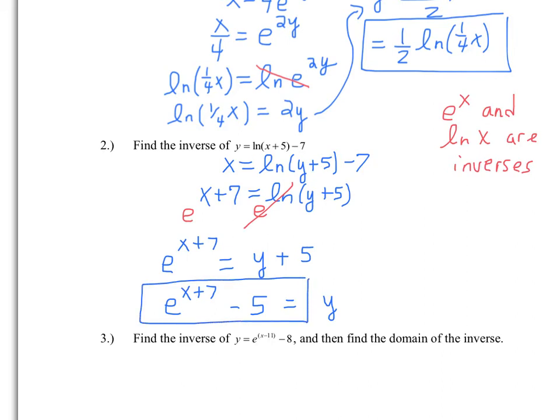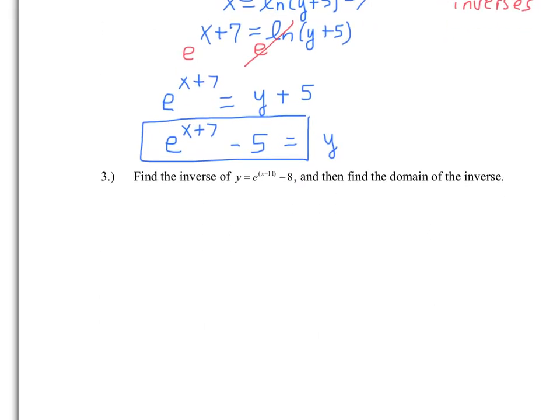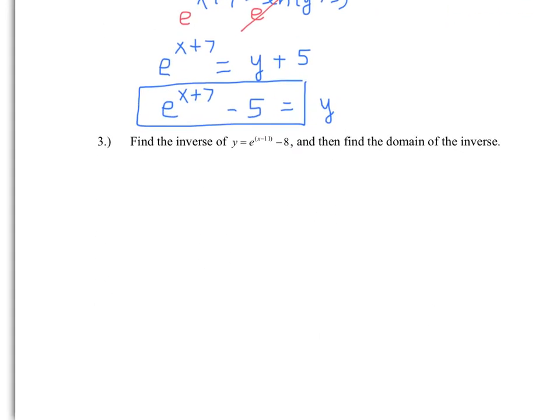Okay, one more. We're looking to find the inverse, and then after that we want to find the domain. So let's switch x and y like we've been doing. We need to solve for y. So like before, let's add over that 8.